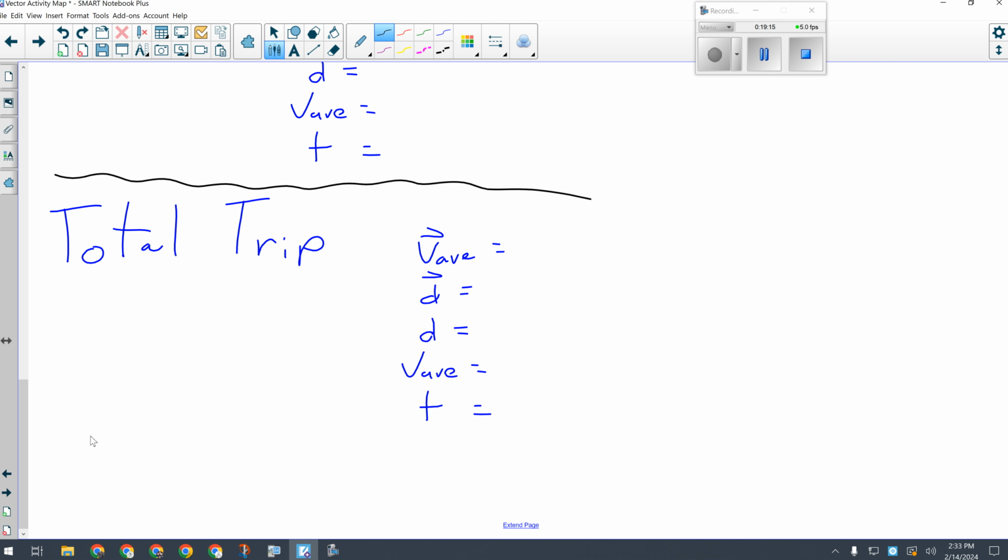Average velocity needs a vector on it. Displacement needs a vector on it. Here's a good news thing: are they going to be the same vector? Yeah. So it's not extra calculating. Just remember to put it on both. You'd be surprised how many groups forget that, and then they lose a mark for every single velocity on the whole assignment, because they've forgotten to put a vector on a vector quantity. Little things, but they're important.